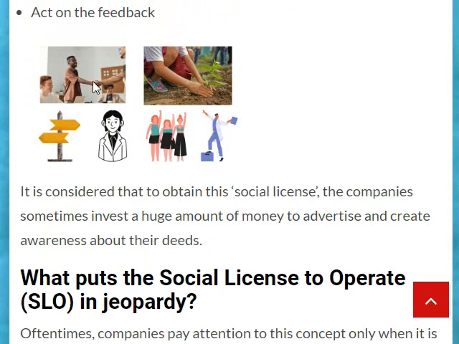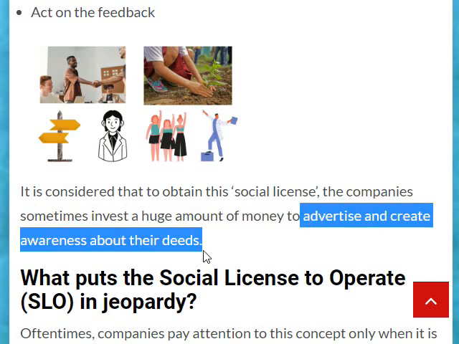Apart from doing good things, apart from engaging in all these good business practices, these companies also want to advertise and create awareness about their deeds.